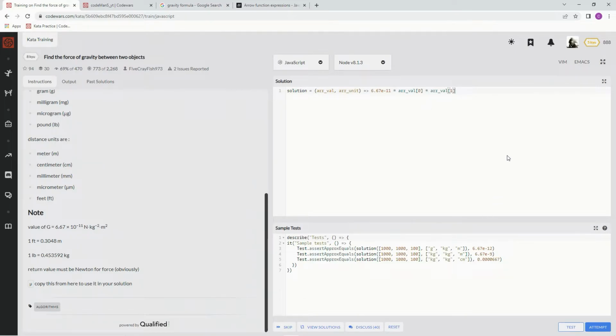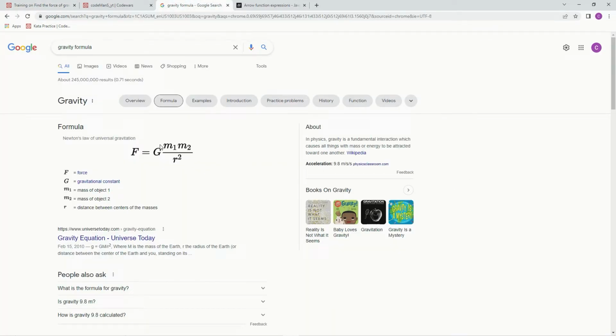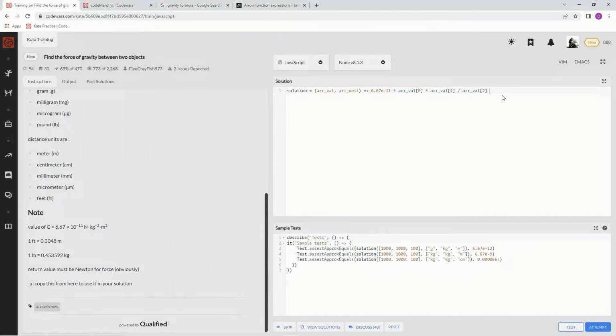Divided by r val 2, which is this one, and then we're going to square it, like we said we're going to do over here. Squared. Now we need to do the conversions, and that's where the trick is.